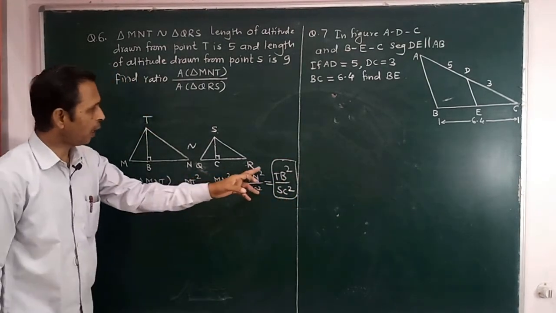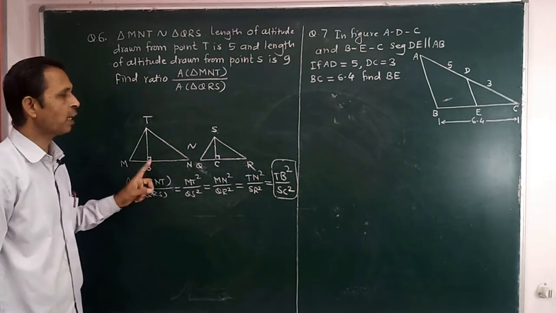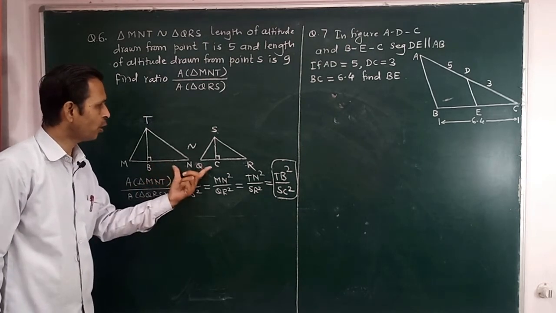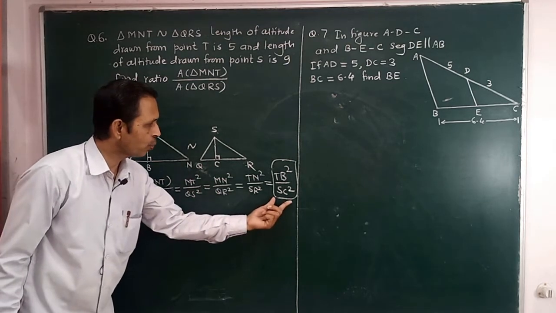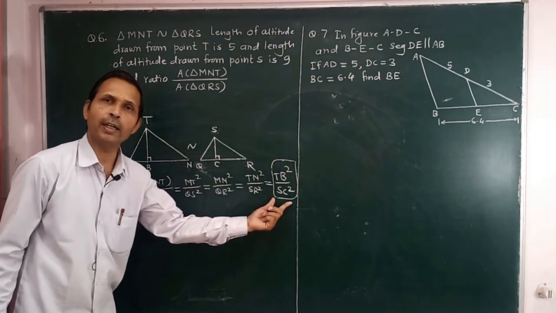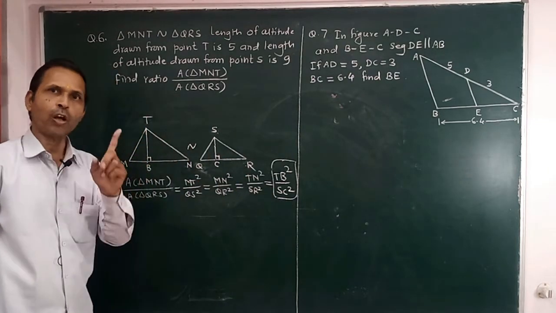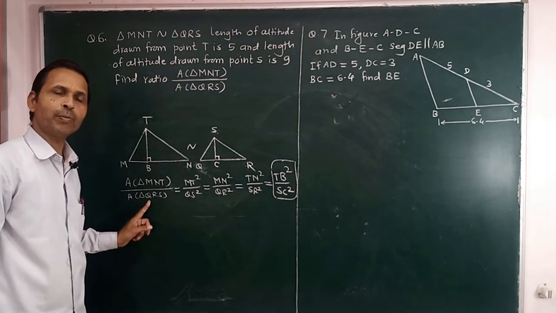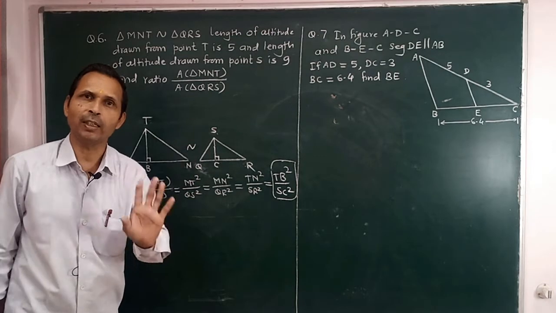and that's why the square of the altitudes, meaning when two triangles are similar, then the ratio of their corresponding areas is also equal to the square of the corresponding altitudes. Now for these two triangles, if you draw the medians, then the ratio of areas of these two triangles is again equal to the square of their medians.